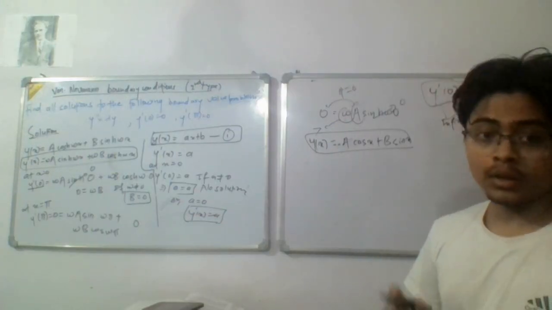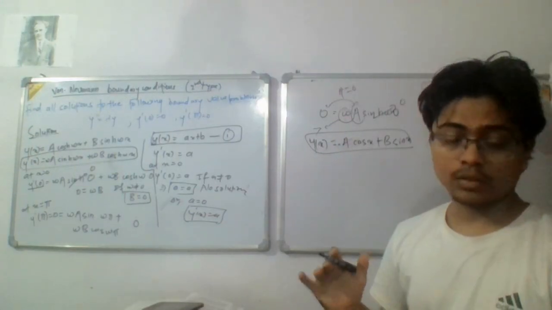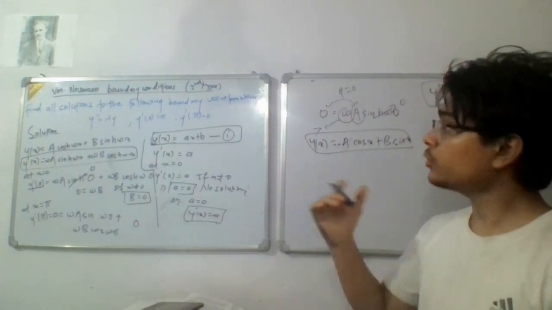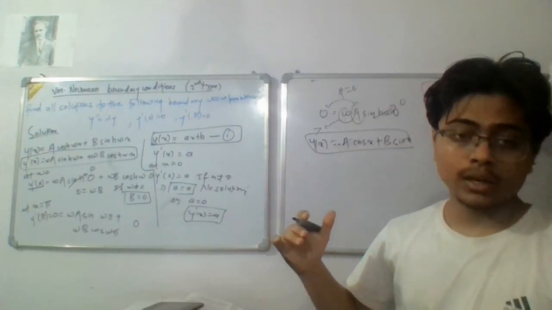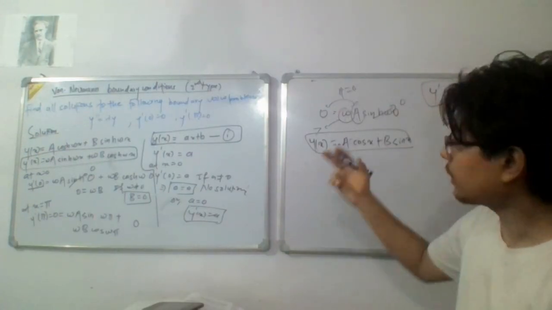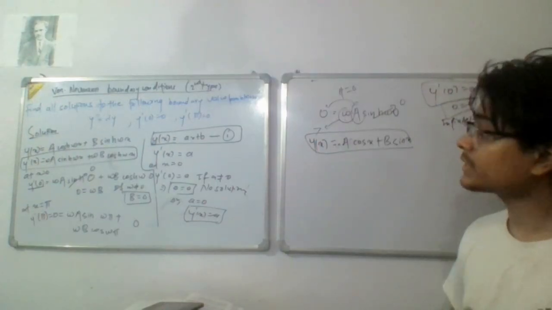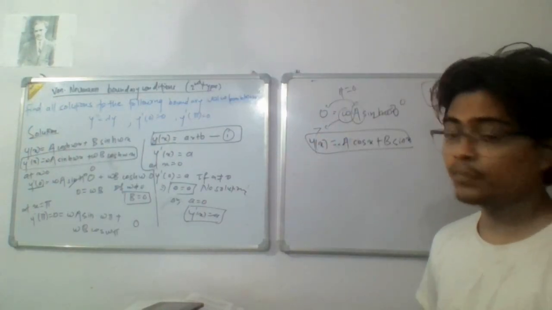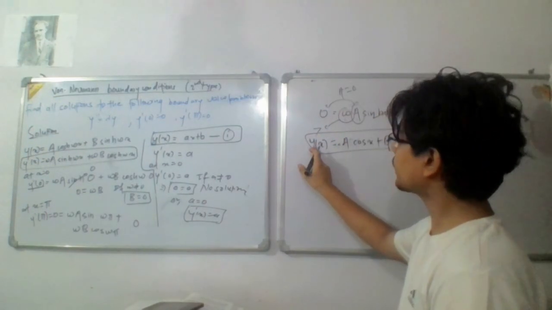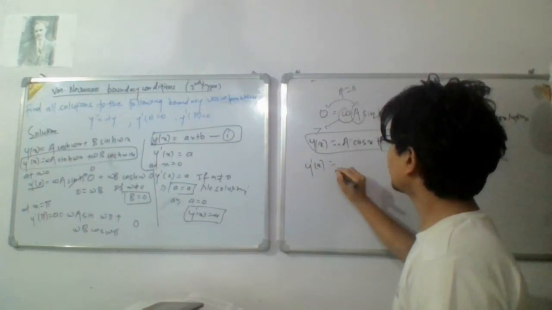Okay, up to now we have done two cases of lambda. Now let's take the solution for lambda smaller than 0, that means negative. The solution we get from that case is this one. Now let's again use the boundary conditions here. First of all, we have to differentiate it one time.